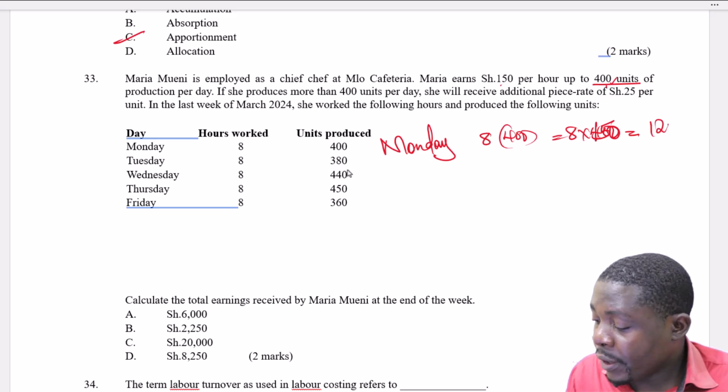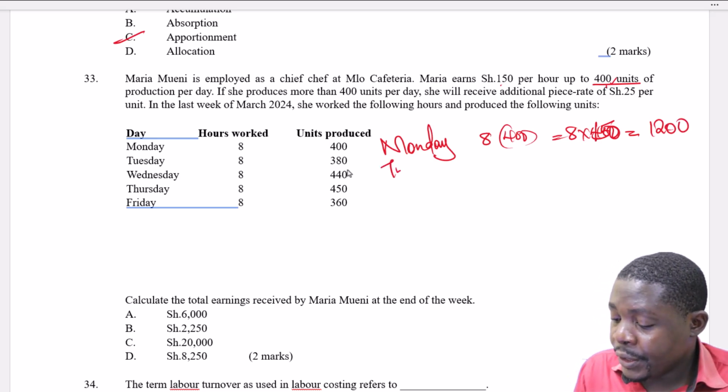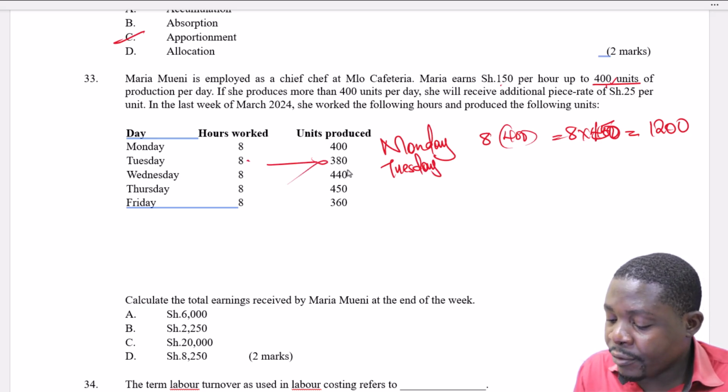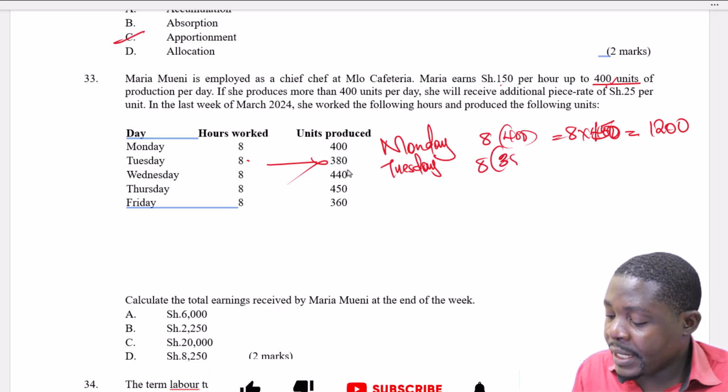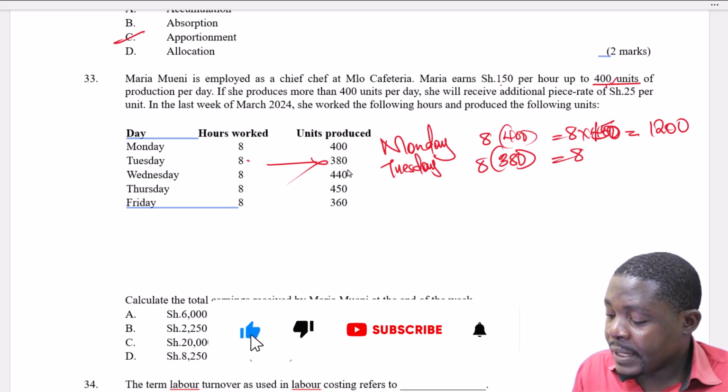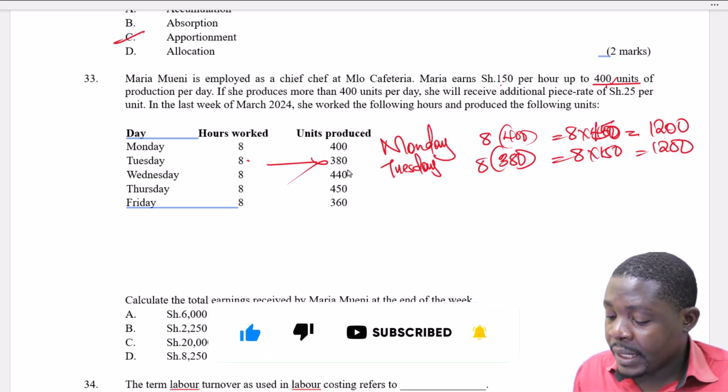She got 1200. Tuesday, she worked 8 hours but managed what? 380. Now in that case, 8 multiplied by 150, you get 1200.